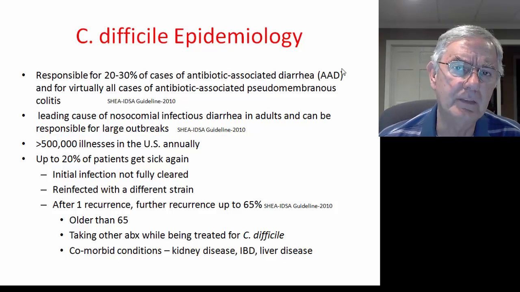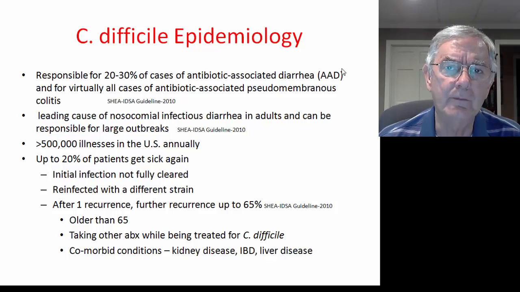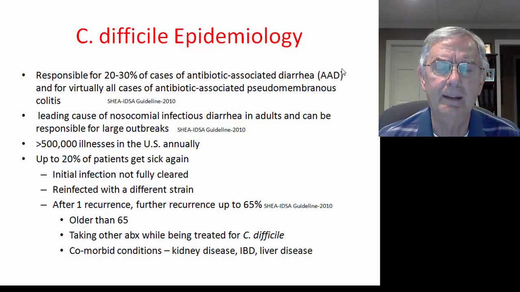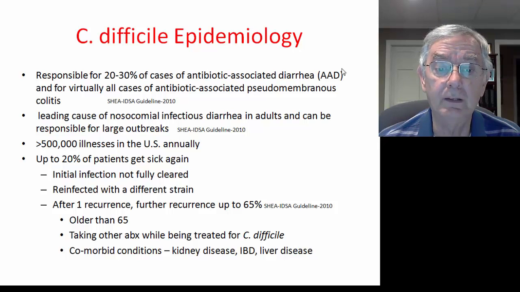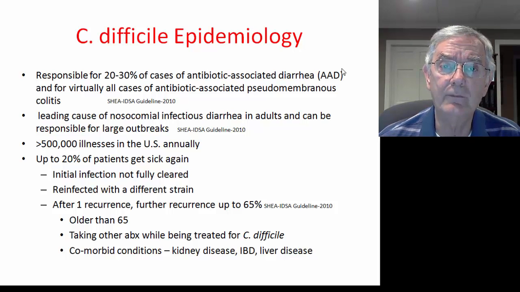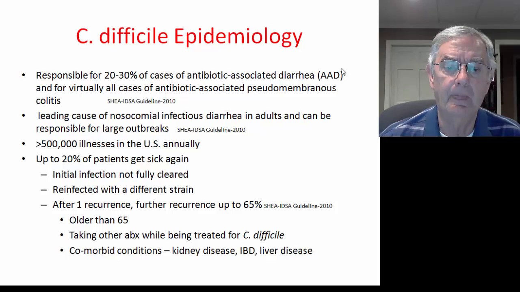Up to 20% of these patients will get reinfected. They will get sick again. And this is perhaps because the initial infection was not fully cleared, or it could be the result of reinfection with a different strain of Clostridium difficile.